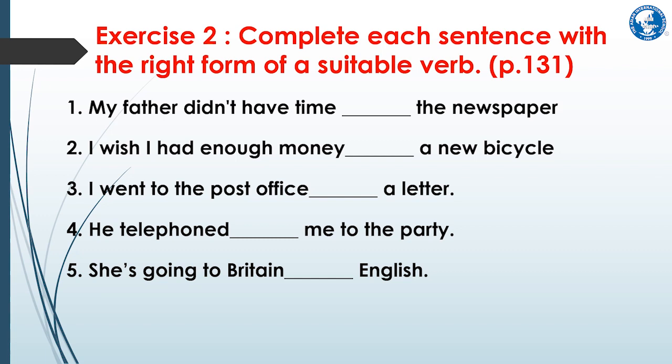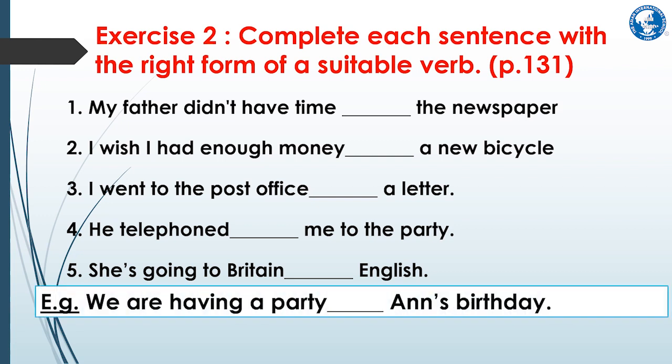Exercise number 2. Complete each sentence with the right form of a suitable verb. In this exercise, you do not have the given cues. You have to find the suitable verbs yourself in order to complete those sentences. I have an example.